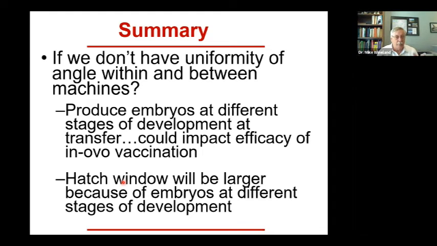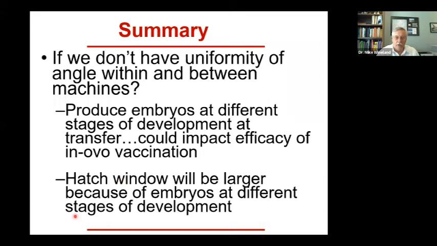And I believe that can impact the efficacy of your in ovo vaccination. There's a period of time in which you can hit that amnion or hit sub-Q or IM, and if you've got embryos at different stages of development because of turning angle differences, it could impact the efficacy of the vaccination. And it becomes critically more important now that we're using vectored or recombinant vaccines.